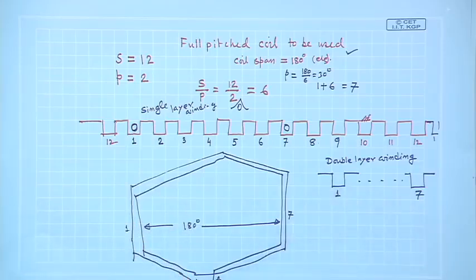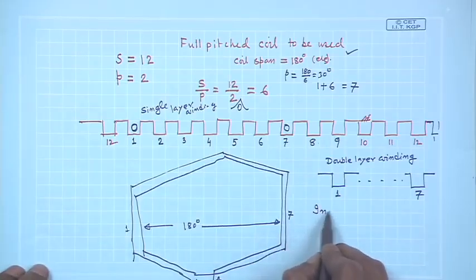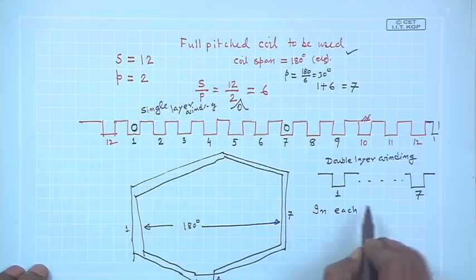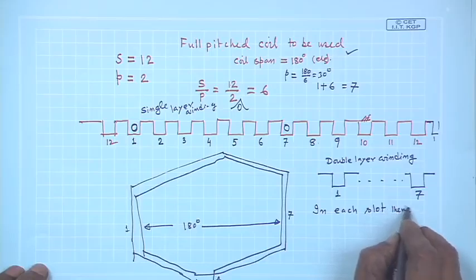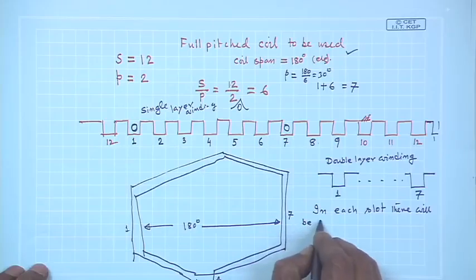But in double layer winding, in each slot there will be two separate coil sides present.